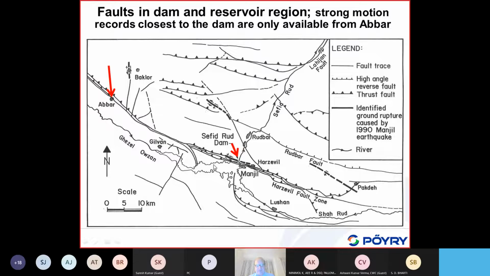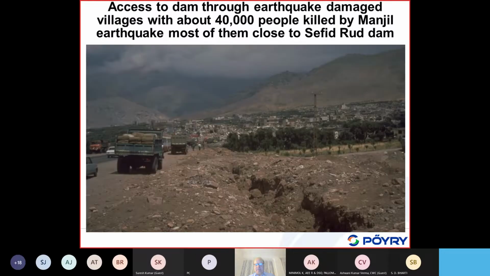It is not really marked, but you can see here this boundary is a boundary of the reservoir. So the fault here, according to this map, is actually passing almost at the dam site, a few hundred meters or a few meters from the dam site.